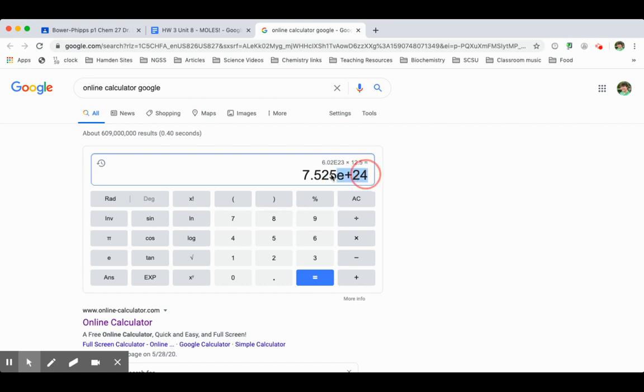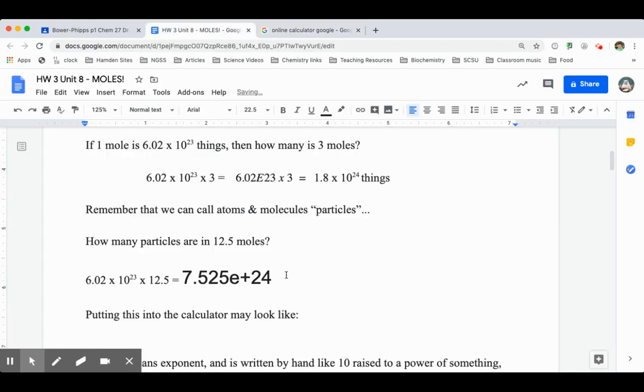I'm going to copy this number. And to translate this out of calculator speak, this means 7.5 times 10 to the 24th. Remember, I'm going to put that in superscripts.